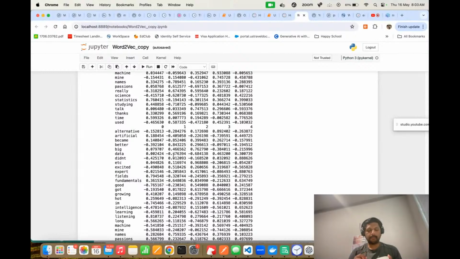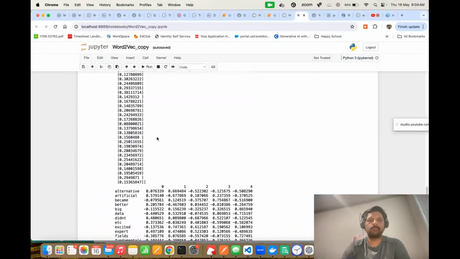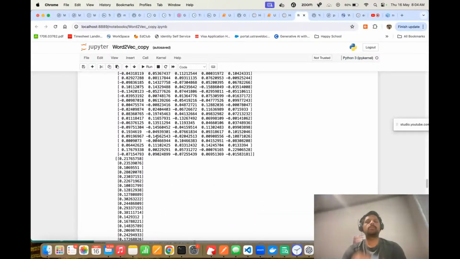Why? The same word has one vector as main embedding and another vector as context embedding. This is a question to be clarified.